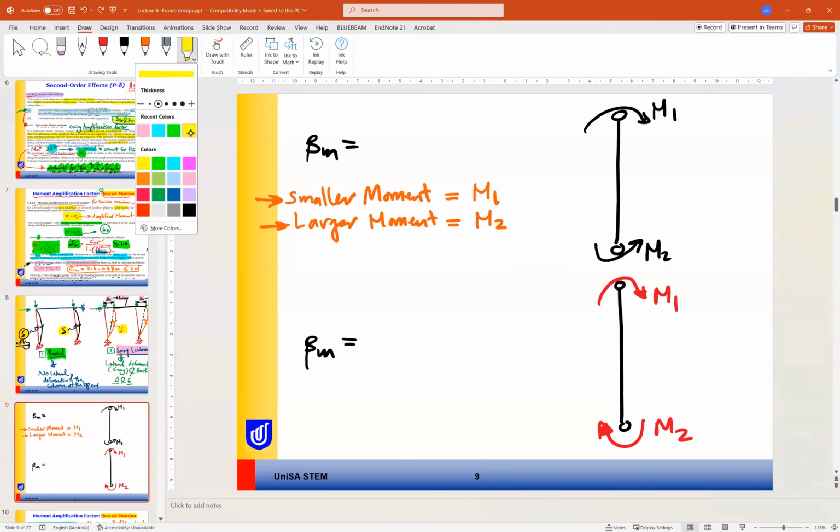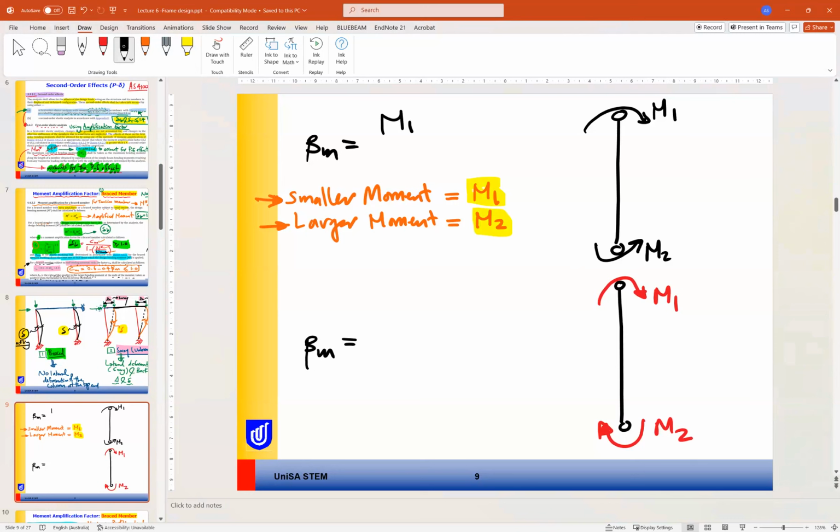We assume that the smaller moment is M1, the larger moment is M2. So beta M means M1 over M2. Generally we assume M1 is the smallest, M2 is the largest.